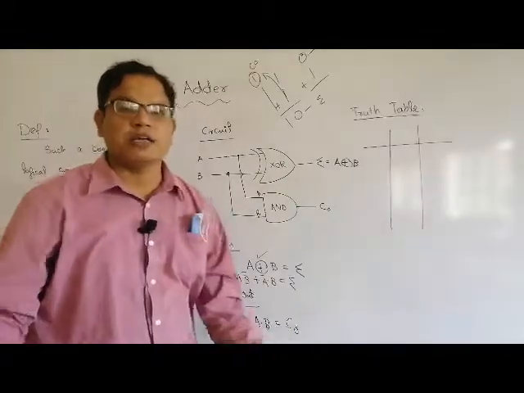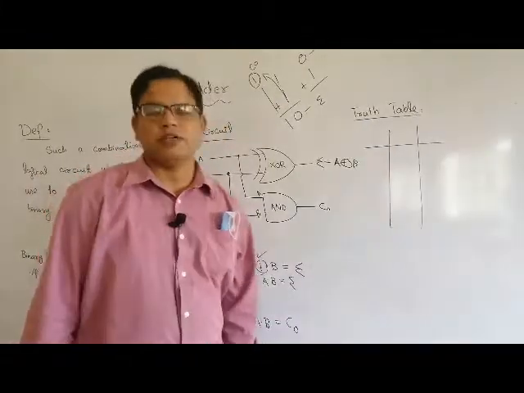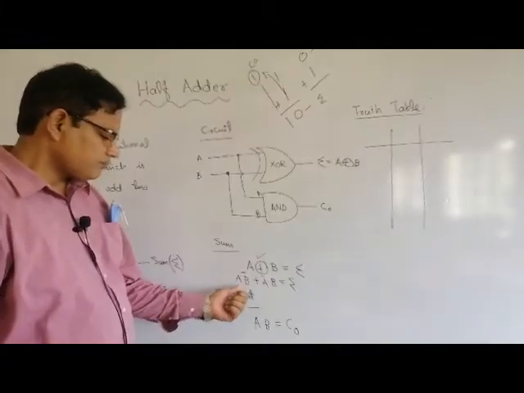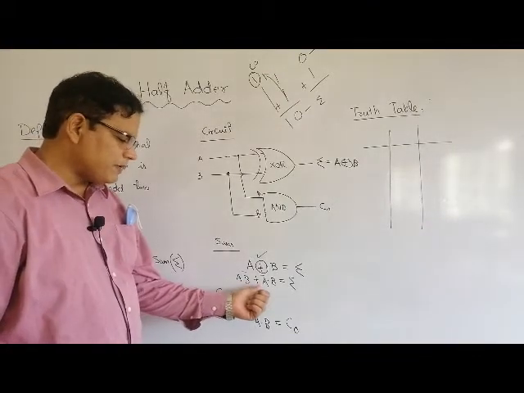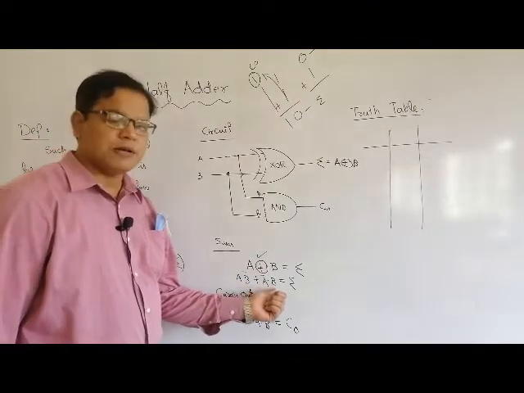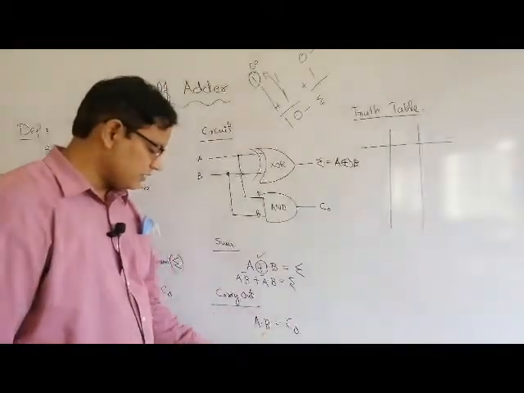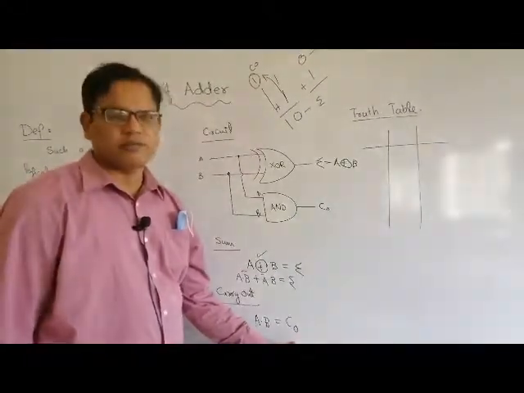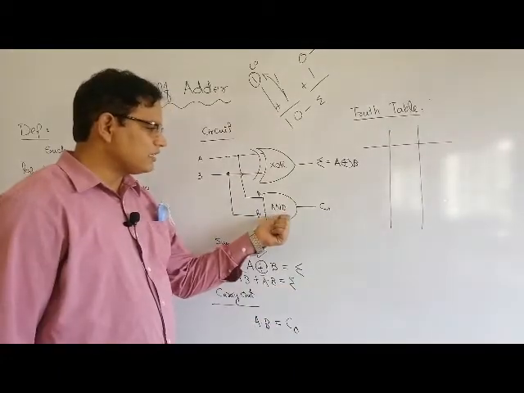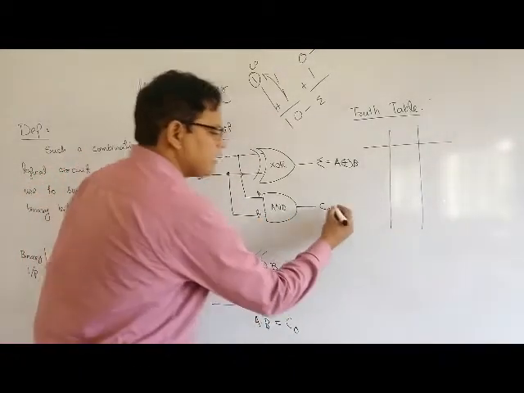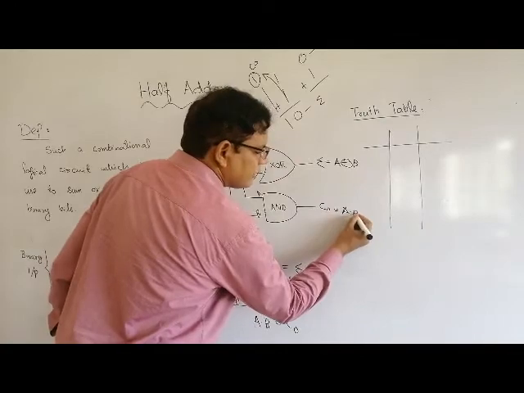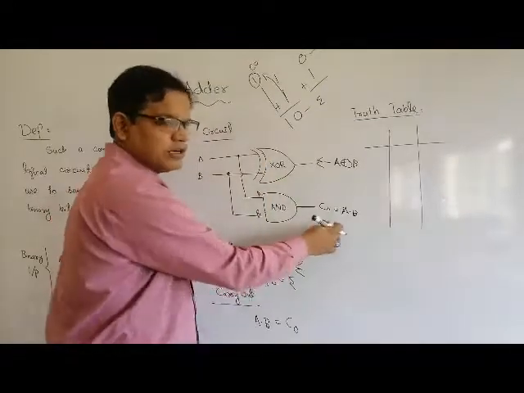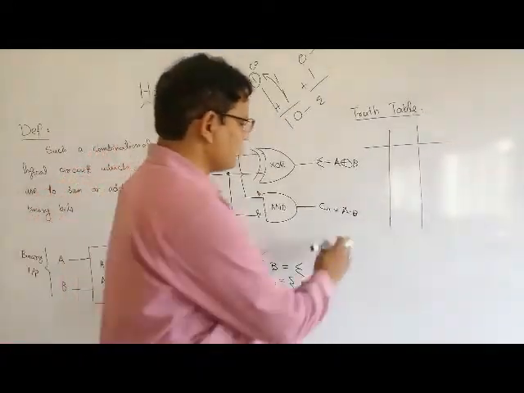AND means multiply, because the AND gate multiplies two figures. So A multiplied by B complement plus A complement multiplied by B is equal to the sum, while carry out is very easy: A multiplied by B is equal to the carry out. Both the inputs A and B when multiplied with each other give the carry out.